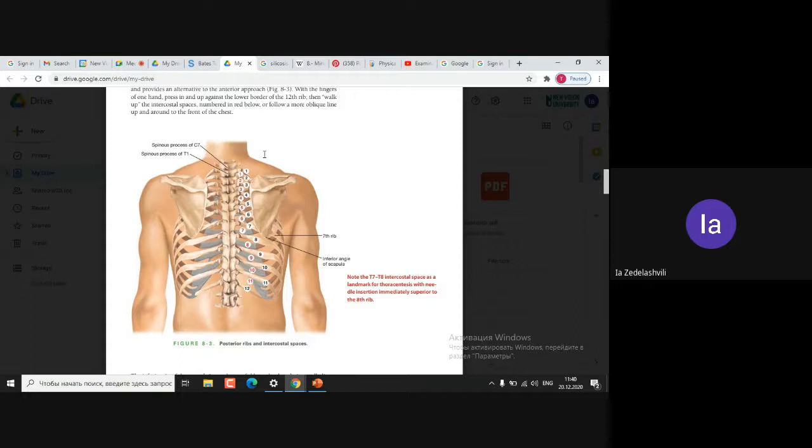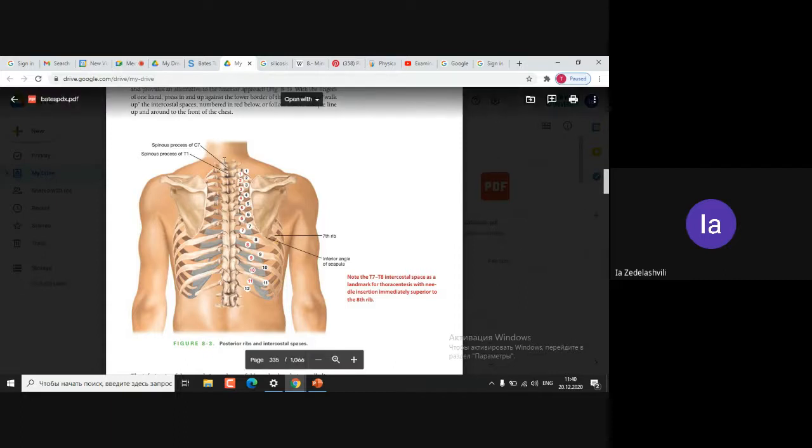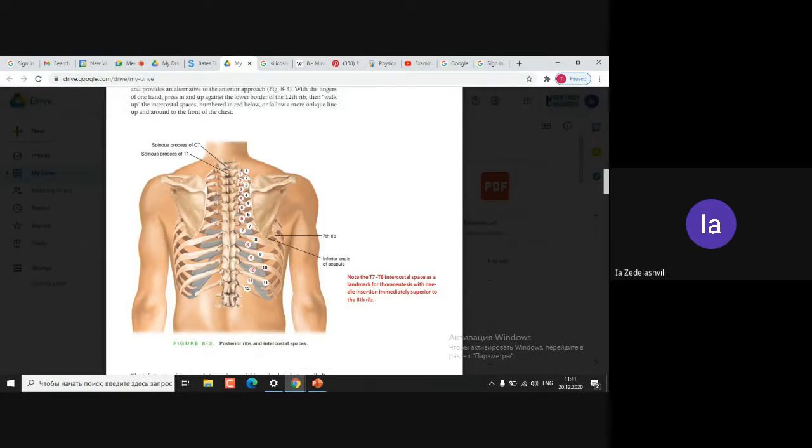At the side of the sternum, below the clavicle is the first rib, and below it the first intercostal space, and so on. You will calculate from the back side. Take your hand on the spinous process of the seventh cervical, and then below it will be the first thoracic vertebra, which is connected with the first rib.